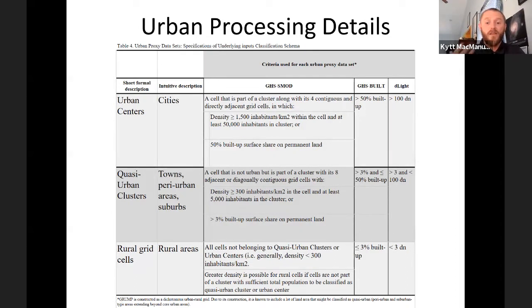Inherently, these choices of thresholds have impacts on the output. So there's work that could be done in this domain to find the sweet spot. However, we do feel quite confident in what we've done here as a first pass.